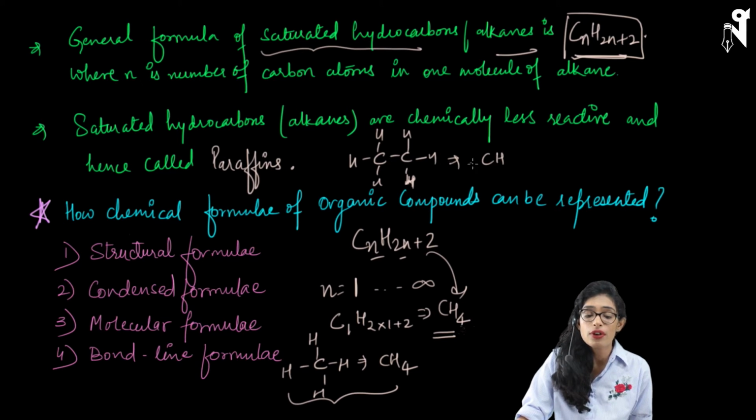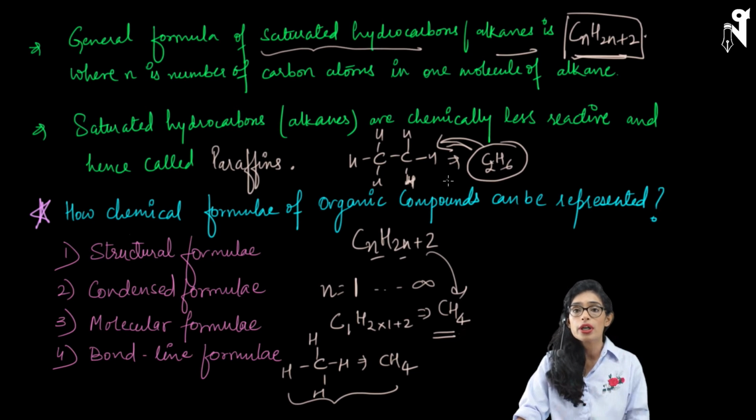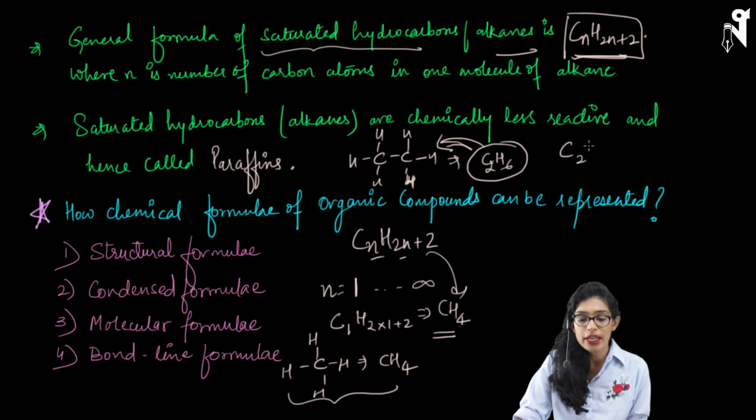Counting, the total number of carbons is 2 and the total number of hydrogens is 6. This is the formula I get through drawing it and understanding the bonding. And if I fill n equal to 2 in this formula, we get C2H(2×2+2), so it becomes C2H6, the same result.